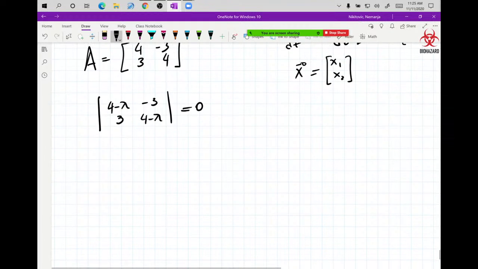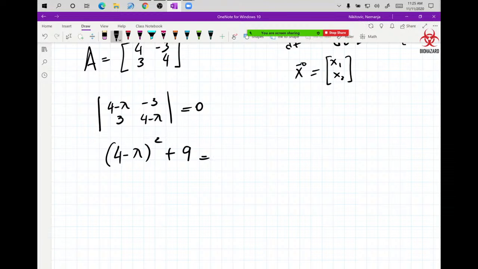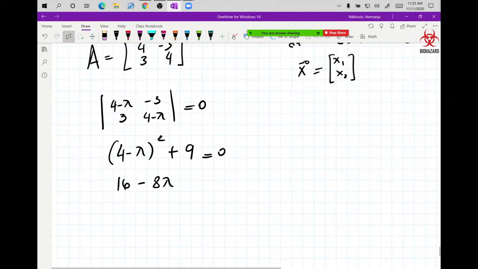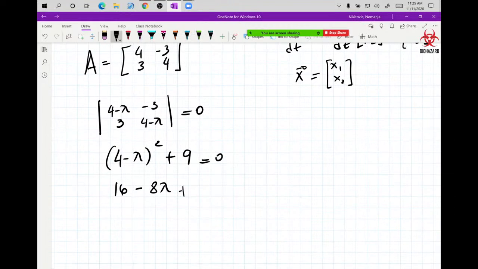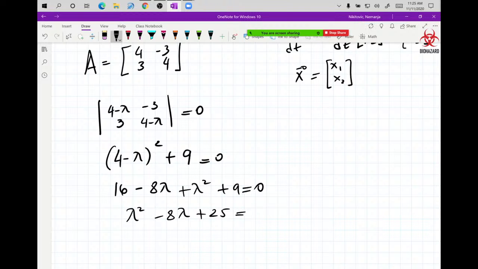So when we multiply on the diagonal, we have 4 minus lambda squared plus 9 equals 0. So this is 16 minus 8 lambda plus lambda squared plus 9 equals 0. And when you put everything together, you get lambda squared minus 8 lambda plus 25 equals 0.